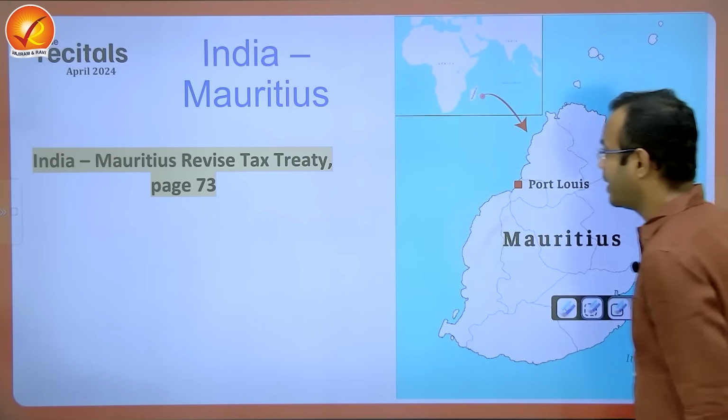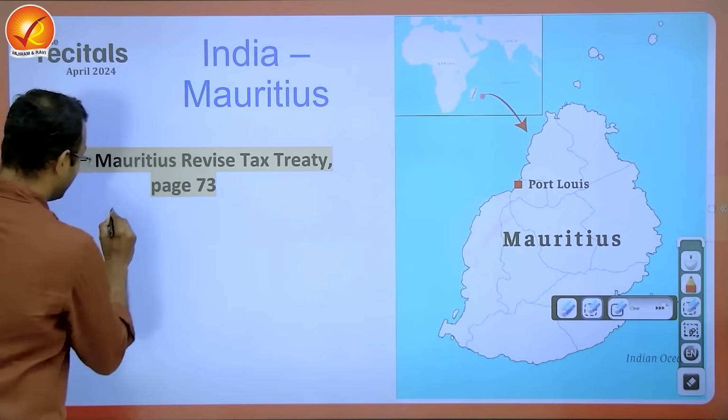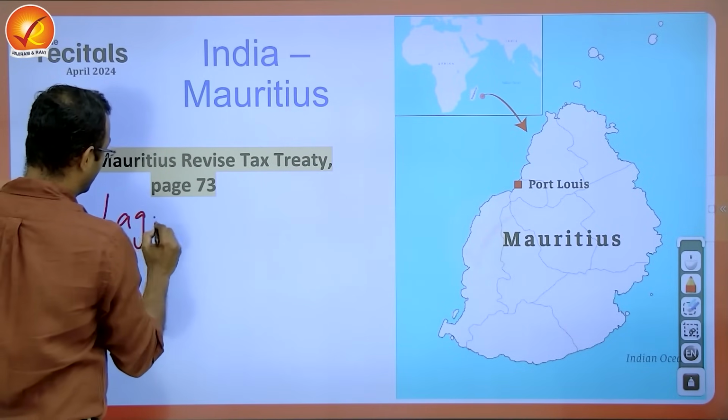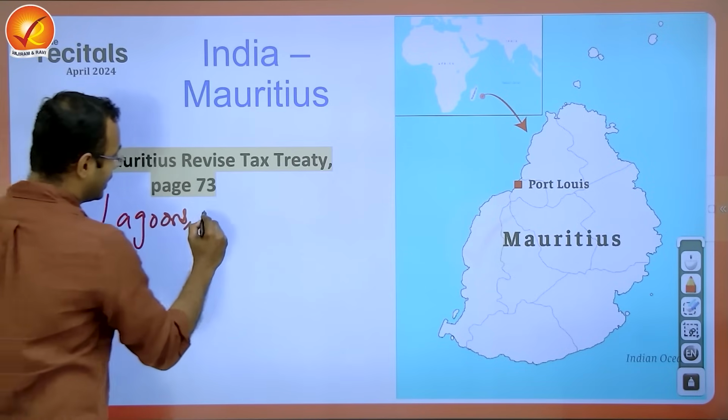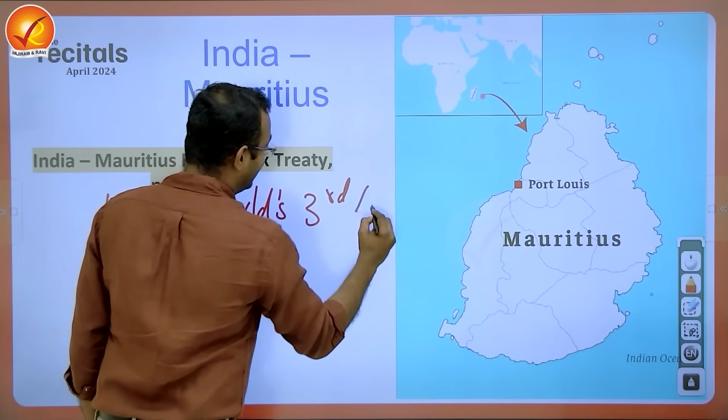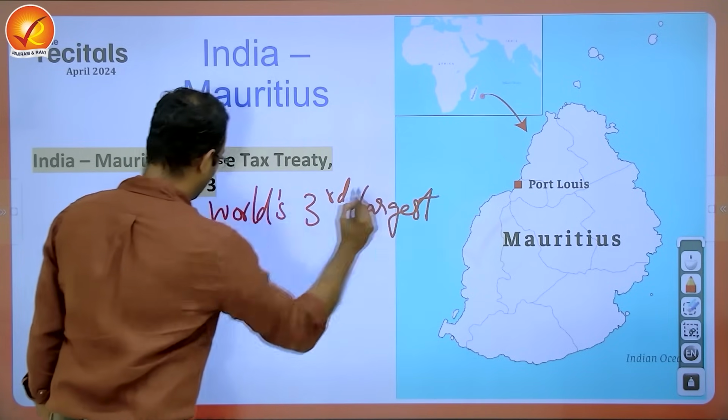Copied. The other important geographical features include that Mauritius is surrounded by a good number of lagoons and the world's third largest coral reef ecosystem.